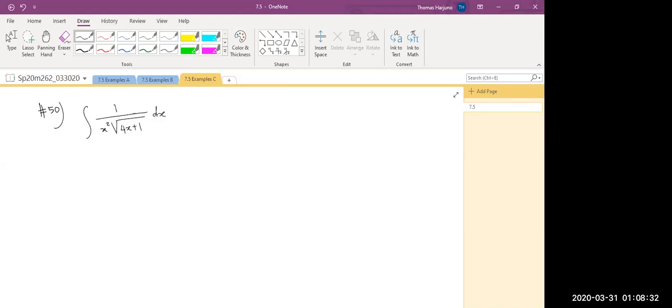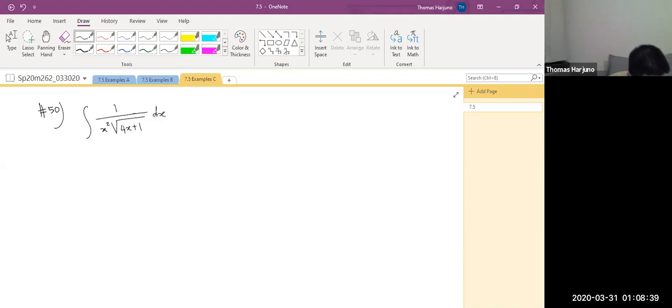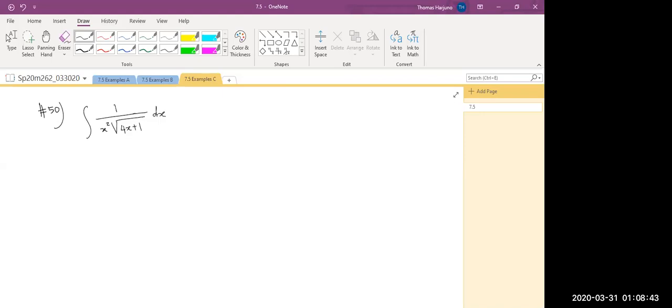Do we multiply by the radical? That's actually one way. Use substitution. That's another way.